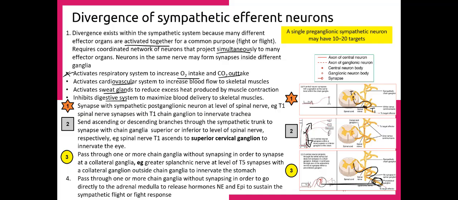And then fourthly, it can actually just go straight to the adrenal medulla so that the adrenal medulla can release epinephrine and norepinephrine as hormones so that you can have a sustained running away from the bear or lion or what have you, so that you can escape that danger, right? So this is the reason for the divergence of the sympathetic efferent neurons.